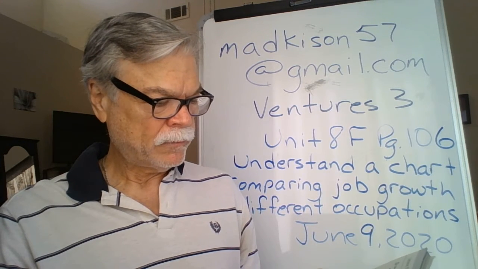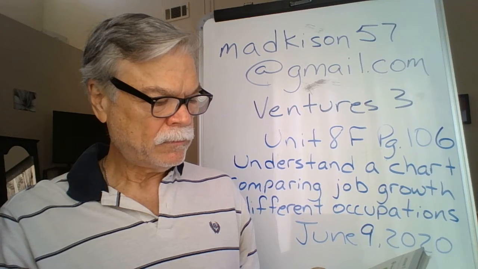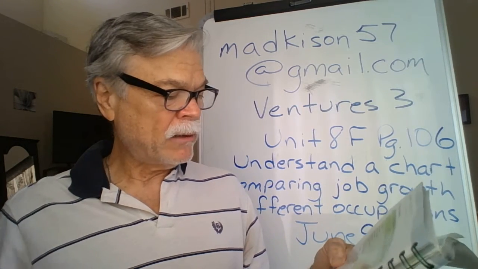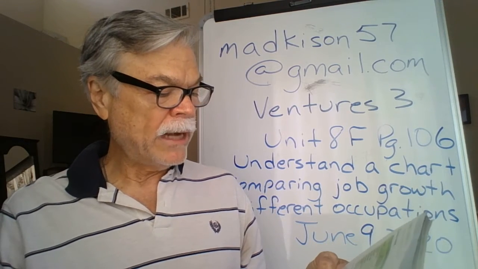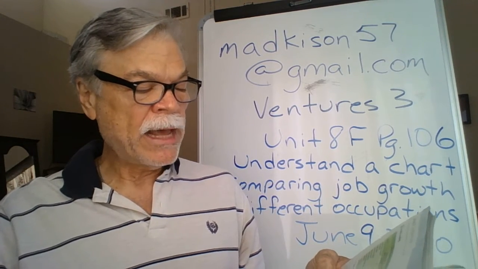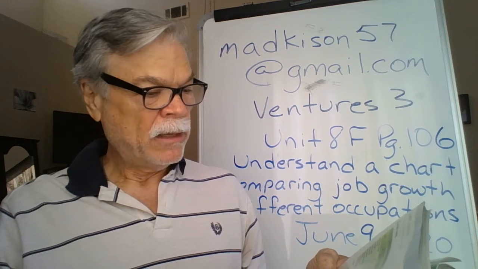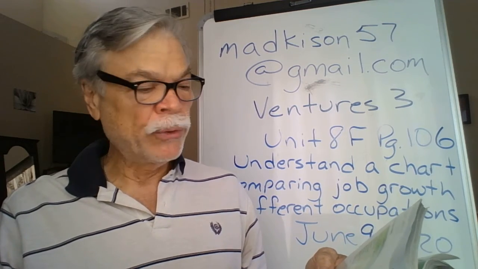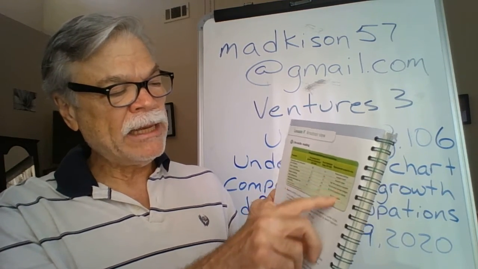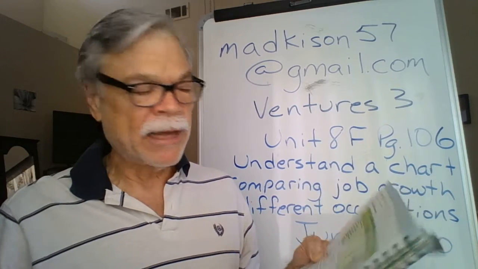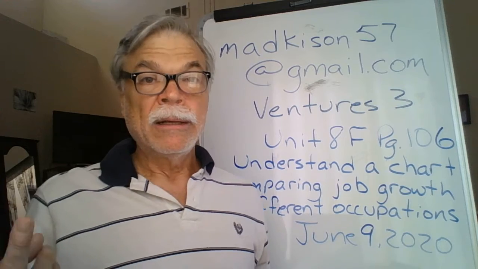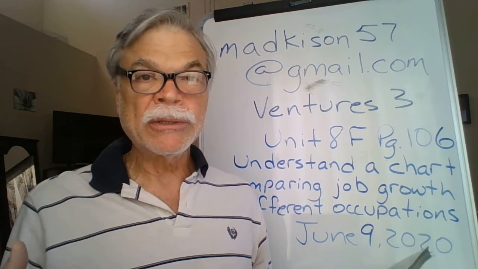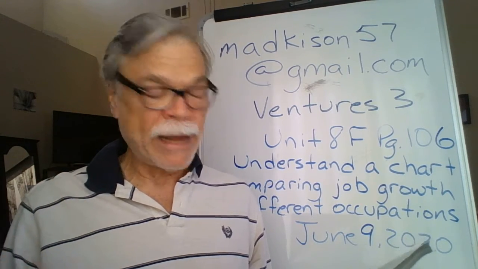Interesting. Well, it looks like we have two that are false. The next one says one requires a bachelor's degree. And that's not true at all because we didn't see any of these occupations that required a bachelor's degree, which is a 4-year degree. So in this case, we have two answers that could be the correct answer.